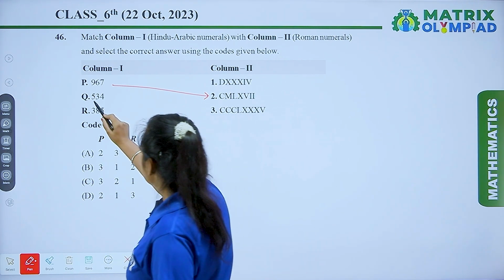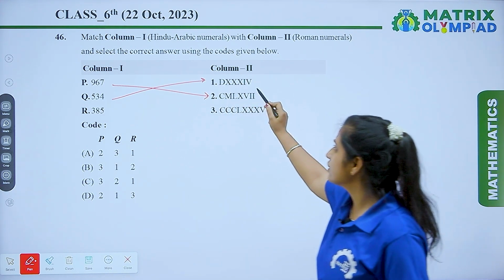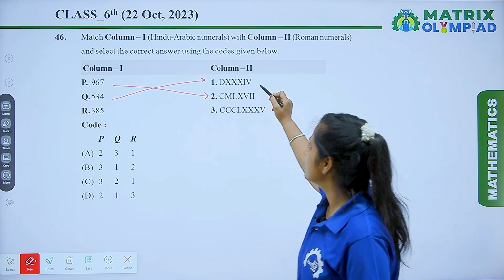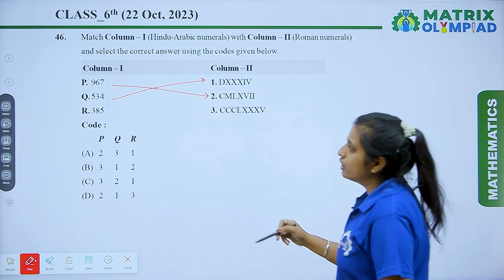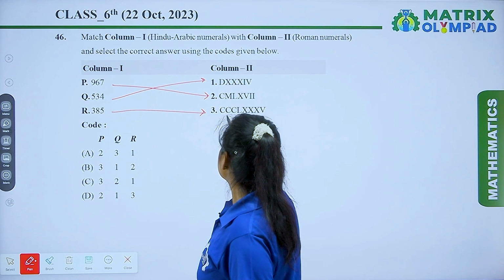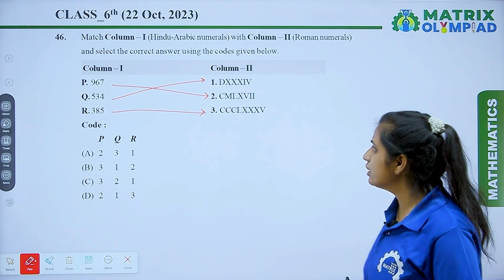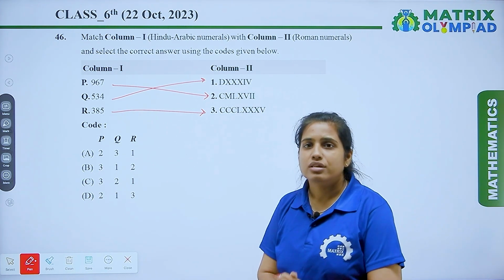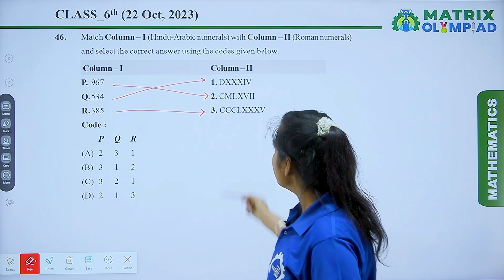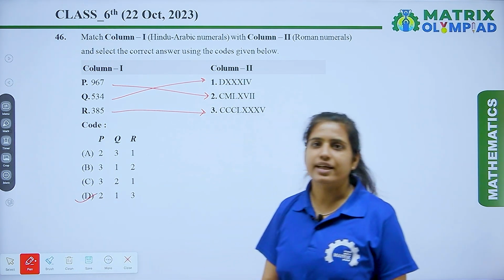Now let's have 534. So here DXXXIV. Now the last one is 385. So here CCCLXXXV is the correct representation of this Hindu Arabic number. So here the sequence is 2, 1, 3. Option D is the correct answer.